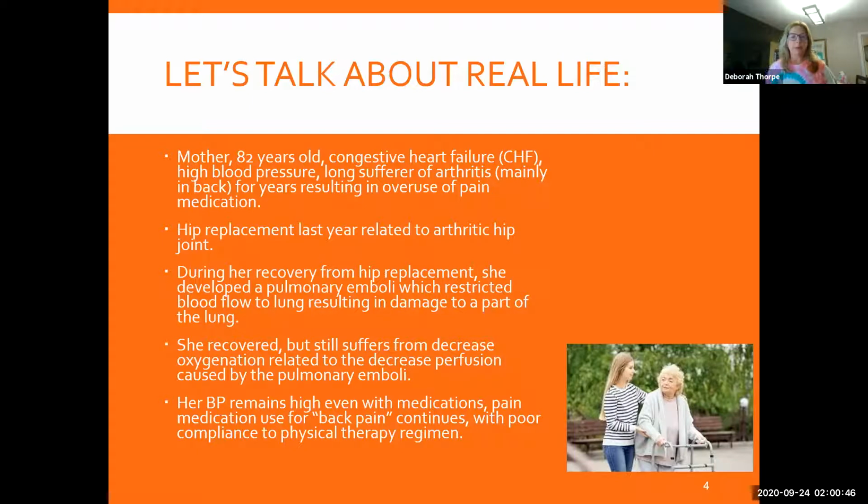Her blood pressure, even to this day, continues. She struggles with getting the right medication to help her keep that under control. And she really hasn't done well with compliance with her physical therapy regimen. So that's just one story.